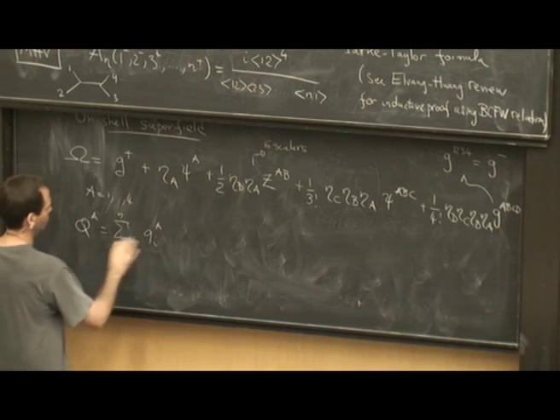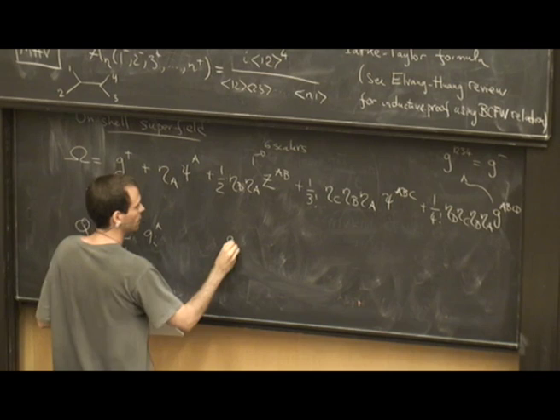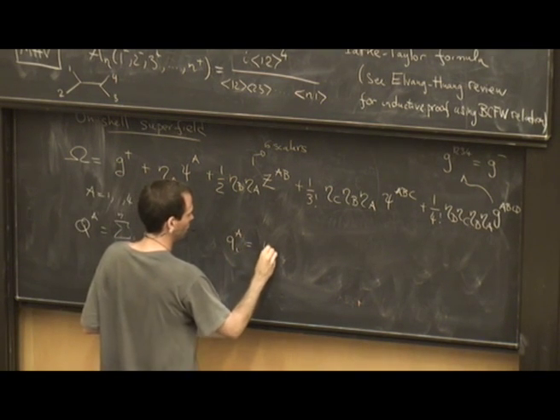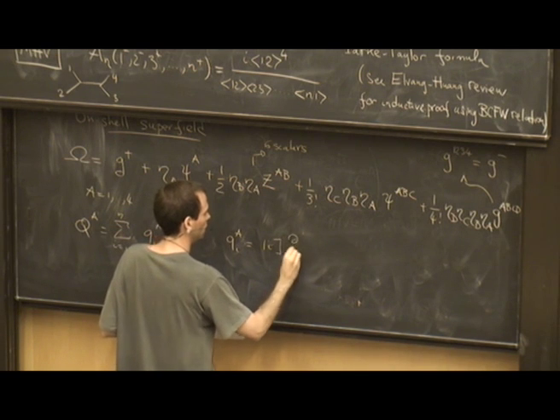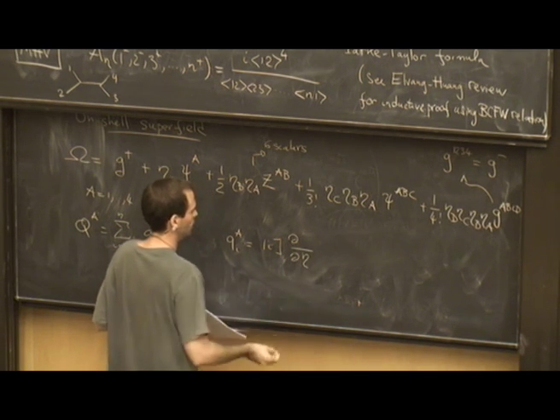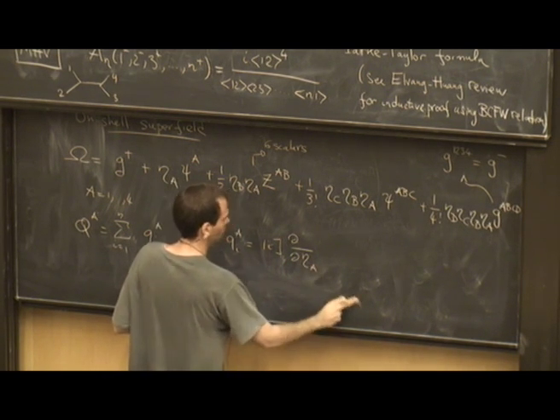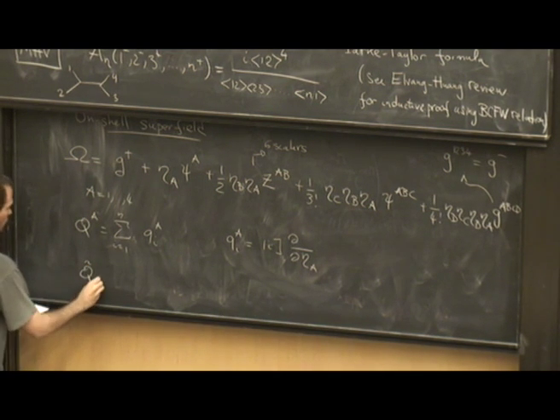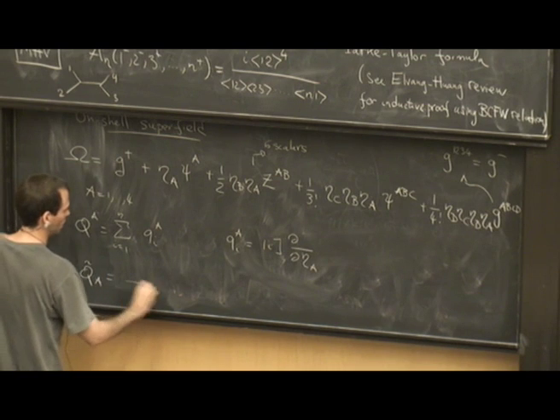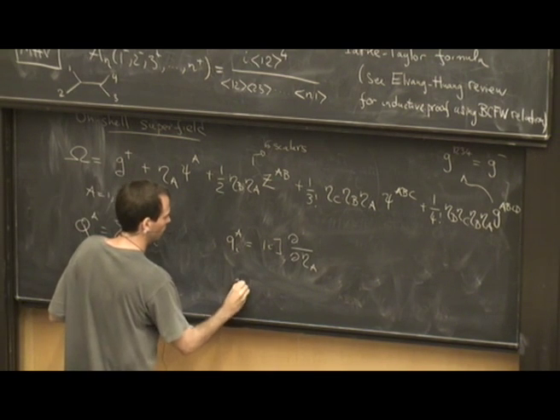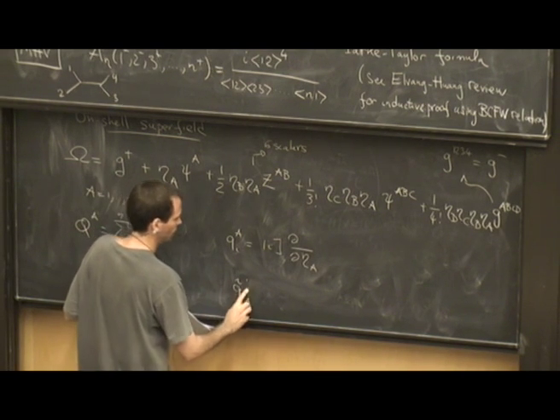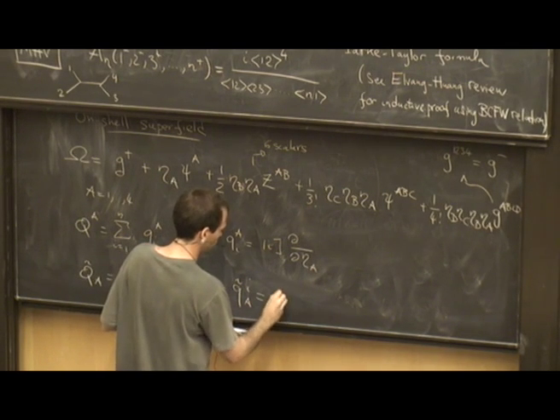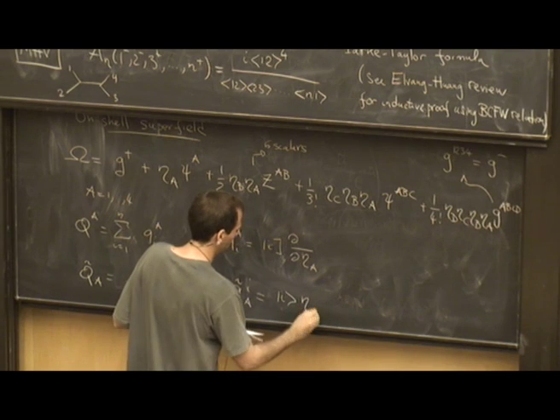Then I will define the charge like this, with the elementary charge being given by i times derivative with respect to eta. I have also the conjugate charge, which has the same expansion. But this one now is multiplication by eta.